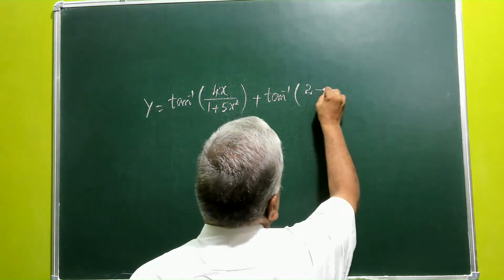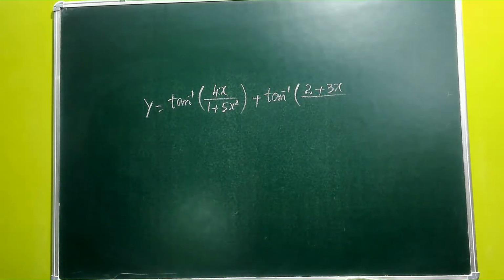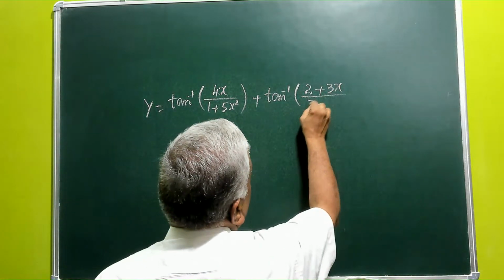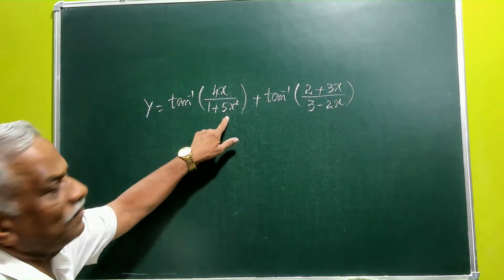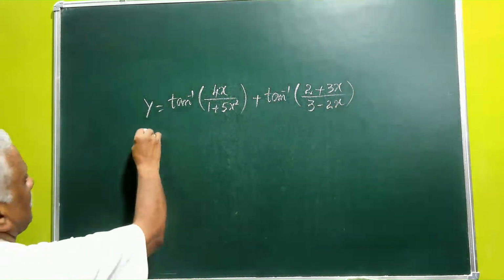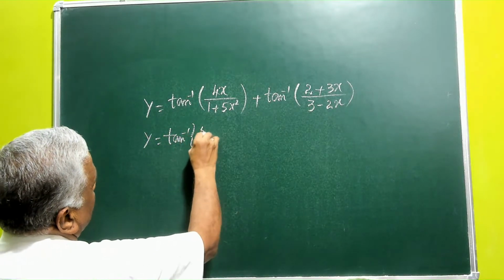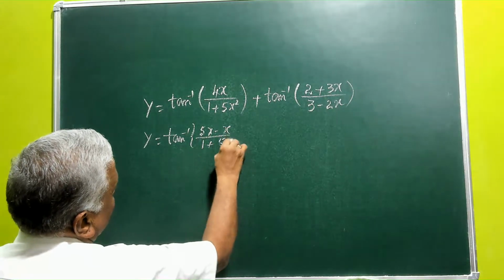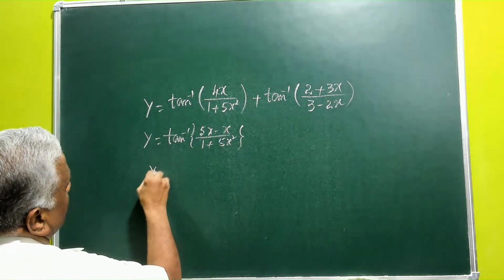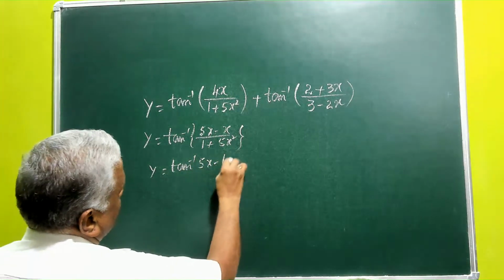Should have worked this problem earlier. We can write this as tan inverse of 5x minus x over 1 plus 5x square. That is nothing but tan inverse 5x minus tan inverse x.